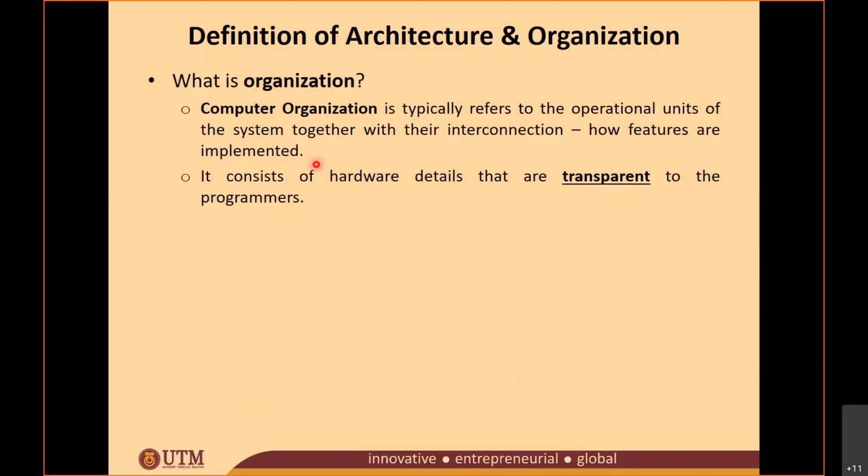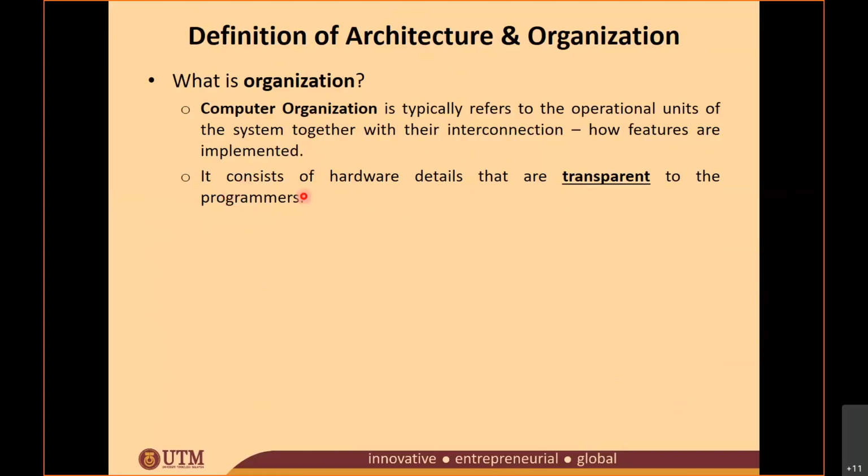Contohlah kamu ada dua komputer, komputer A and komputer B. Komputer A kamu ada 3 USB port, while computer B ada 1 USB port. That is the difference between the computer organization, walaupun dia guna the same architecture, which is Harvard architecture. Komputer A mungkinlah dia ada DVD player, komputer B tak ada DVD player. So that is computer organization.